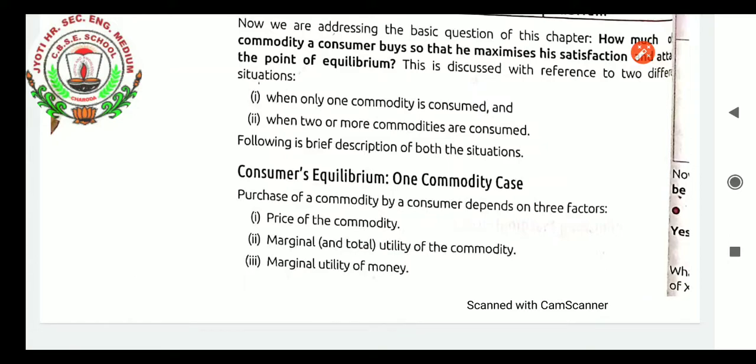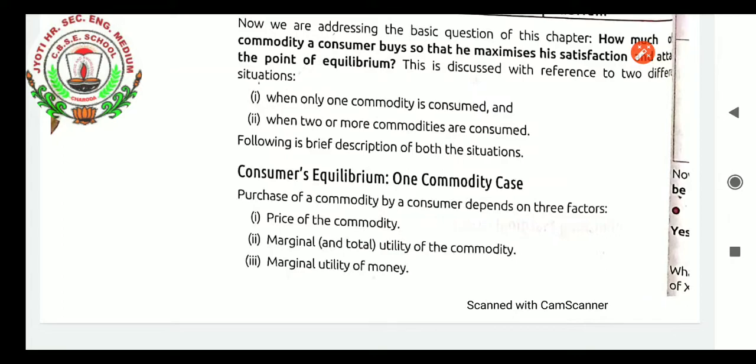For example, suppose a consumer has an income of 100 rupees. He goes to the market to purchase one fruit, but there he sees that with one fruit another fruit can be adjusted. Like for example, he buys 1 dozen bananas for 40 rupees. Now what income is left? 60 rupees is still left.